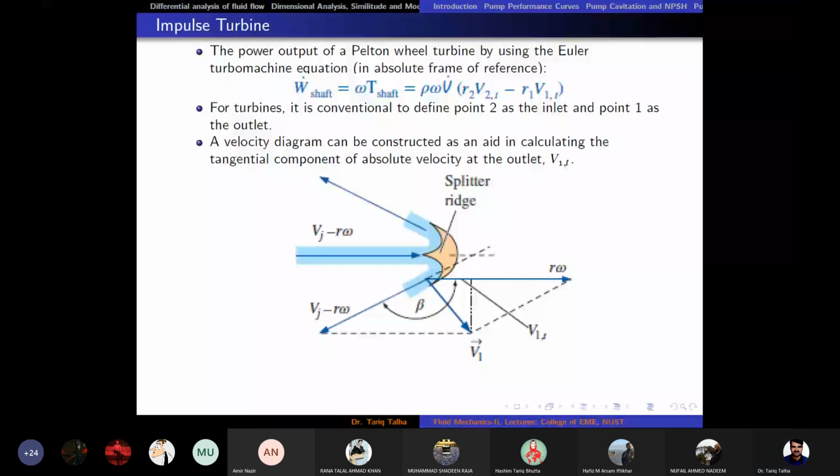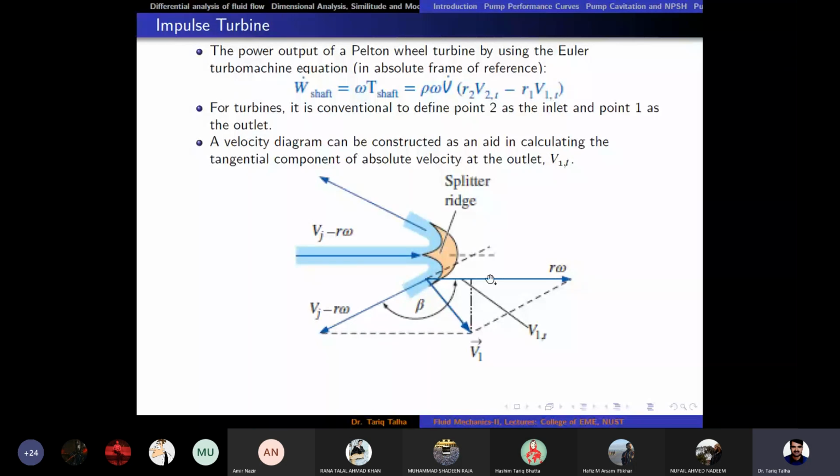So now, what would be V2T in this case, if we see it from an absolute reference? With respect to an observer on ground level, on a stationary frame of reference, V2T would be equal to Vj, right? That would be just the jet velocity. But what would be V1T? That can be determined by the velocity triangle.